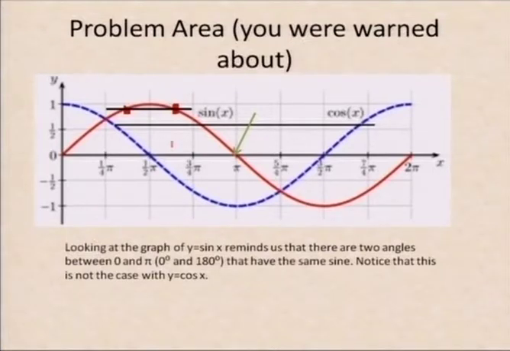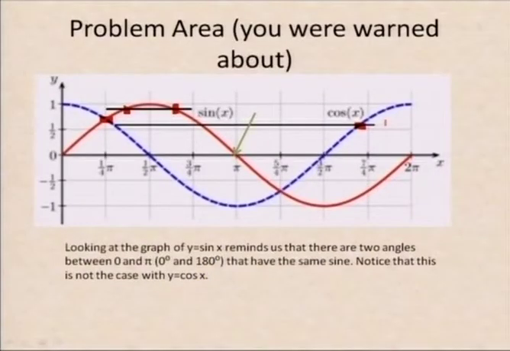If you remember how you found them, if you knew one of them, you subtracted it from 180 degrees to get the other possibility. Notice this is not the case with cosine. Cosine does have two places that it repeats itself with the same value for cosine, but it's not in that same domain of 0 to 180 degrees over this way.